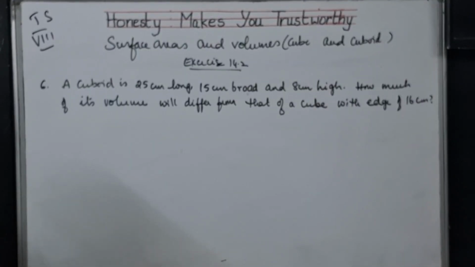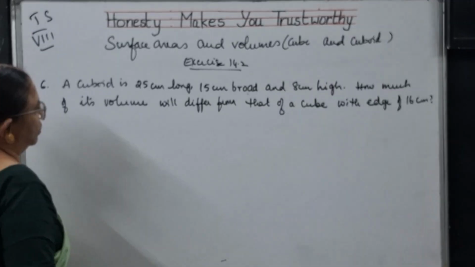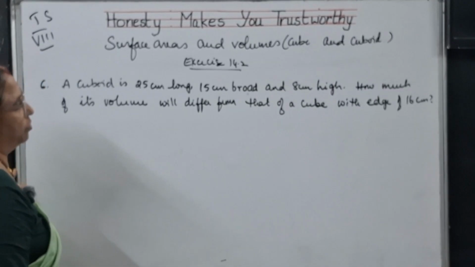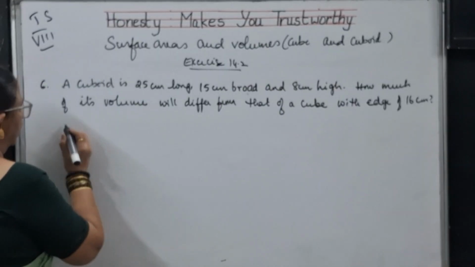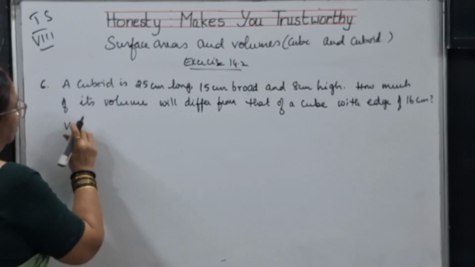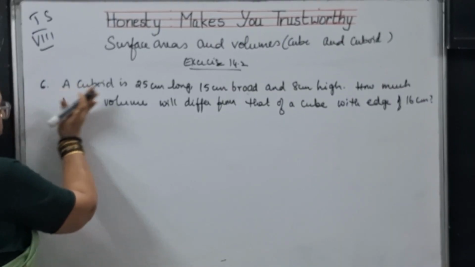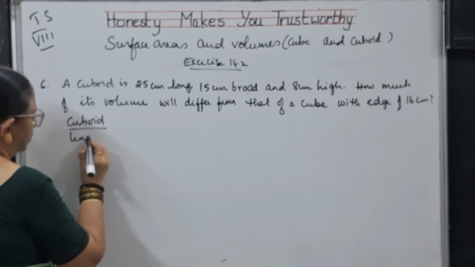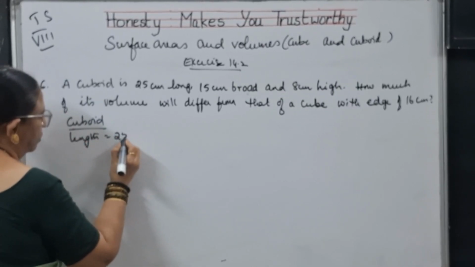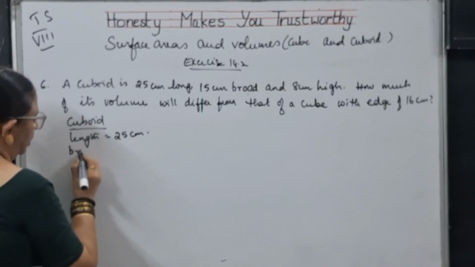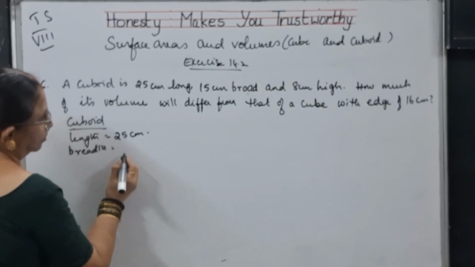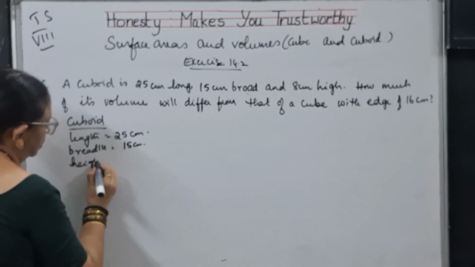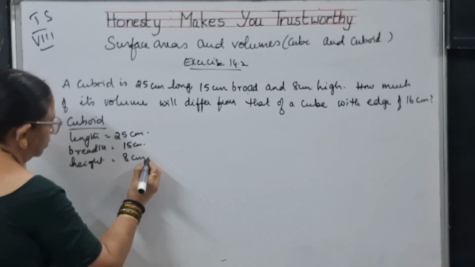Now, a cuboid is 25 centimeters long, 15 centimeters broad, and 8 centimeters high. How much of its volume will differ from that of the cube with edge 16 centimeters? So first we have to find out the cuboid's measures. Cuboid: its length is equal to 25 centimeters, breadth is equal to 15 centimeters, and height is 8 centimeters.